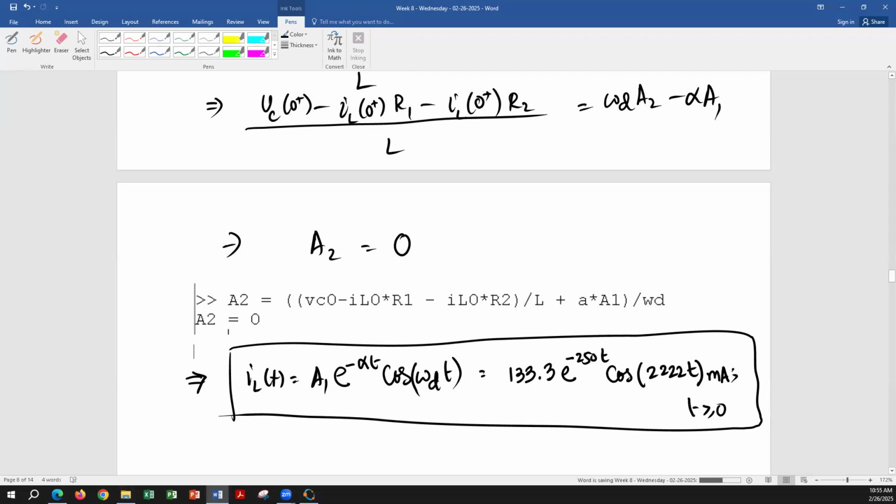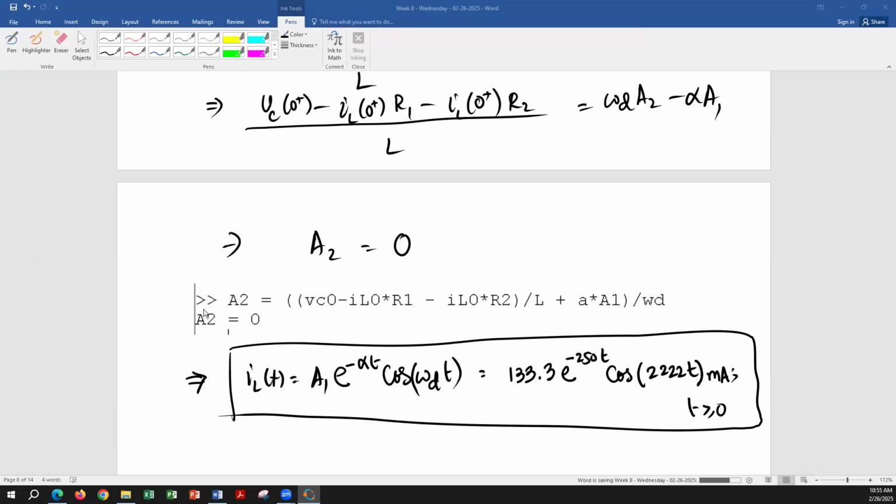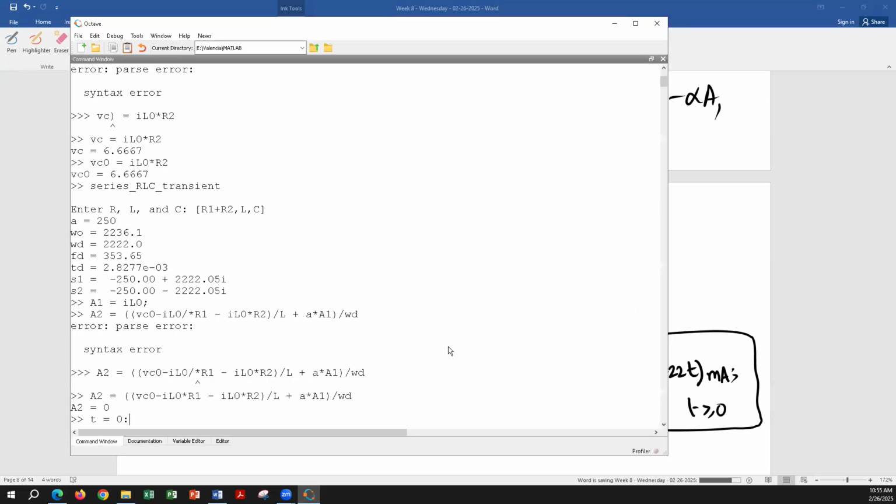So if you want to plot this current, we define the time first, from 0 to, usually we use settling time, but we can use the time constant as well, 1 over 250 as our time constant, and plot it for about 5 to 6 time constants.